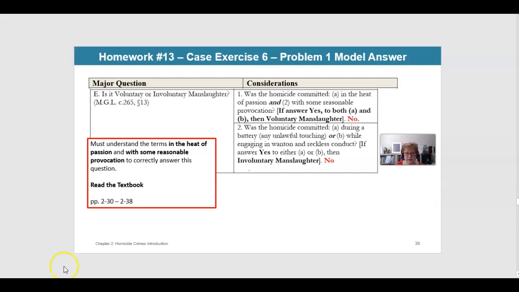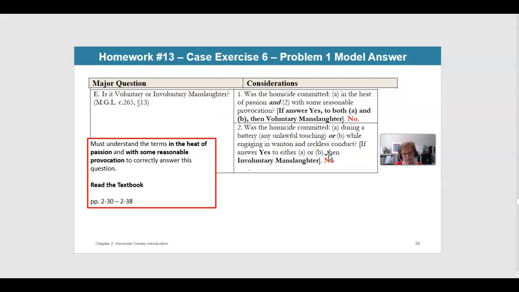All right. So we've determined, having gone through the step-by-step analysis, that Pat can be charged with and possibly found guilty of first-degree murder with deliberate premeditation. So we're not going to look at voluntary or involuntary manslaughter. We don't need to do that. The question didn't ask you to look at all of the possibilities.